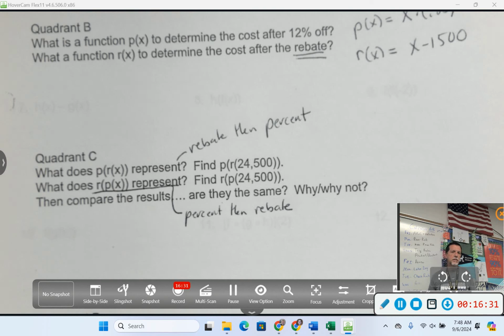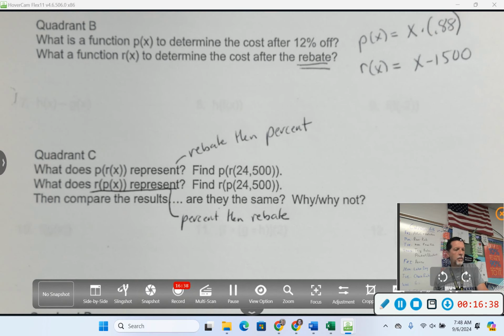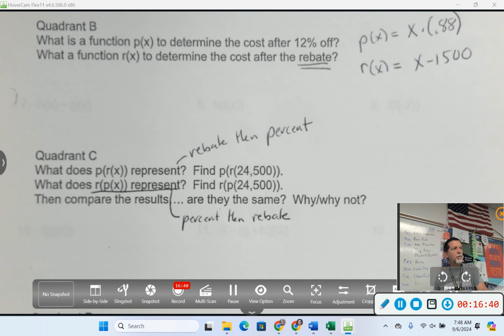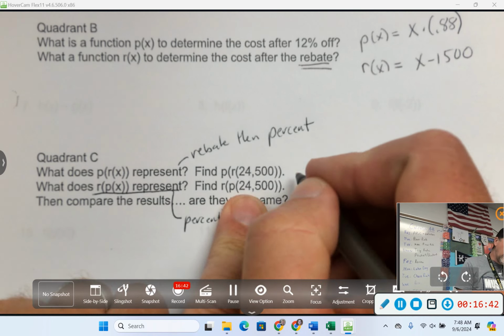Thanks for that question. Jack already has a guess that we should do the percent off first, and I like your reasoning. Let's find out.